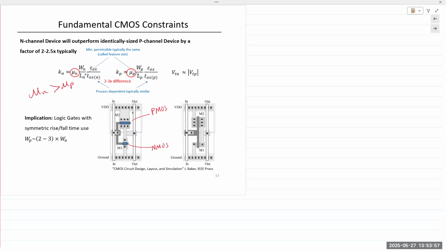To have the same or similar performance from both devices, the PMOS device needs to be larger. Okay, so that's just a fundamental constraint of the CMOS technology.